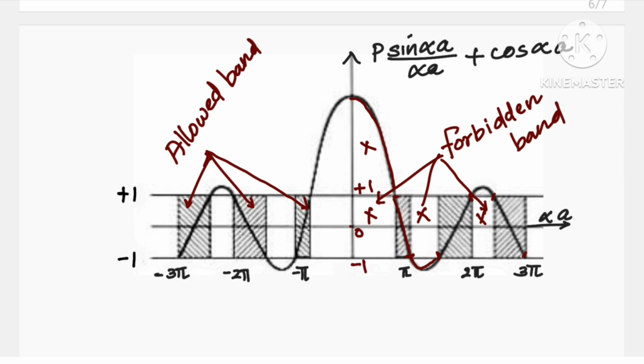On the x-axis we consider αa, which is talking about energy, and as it increases, we know that the width of the shaded regions also increases. That means the width of allowed energy bands increases with increase of energy value.